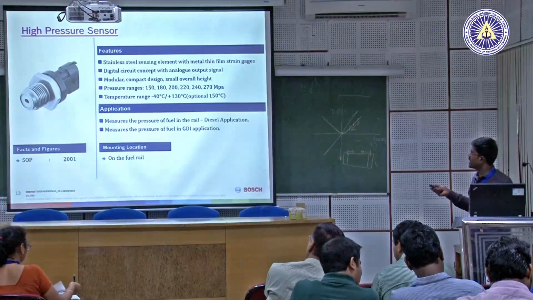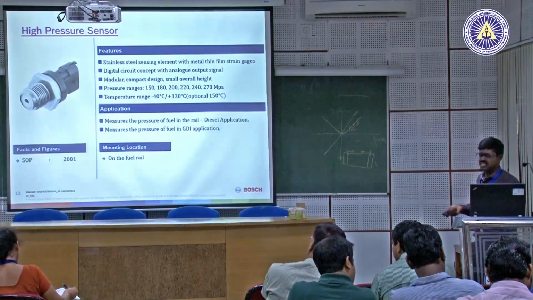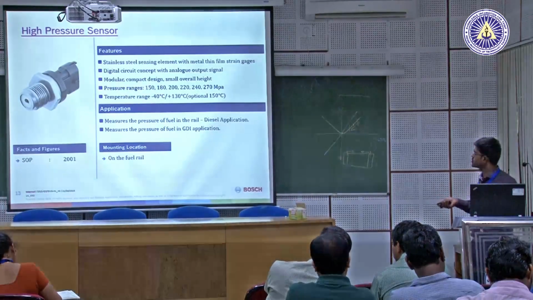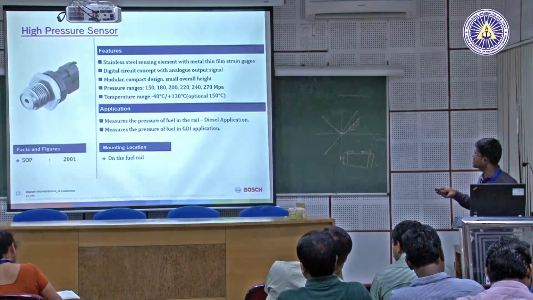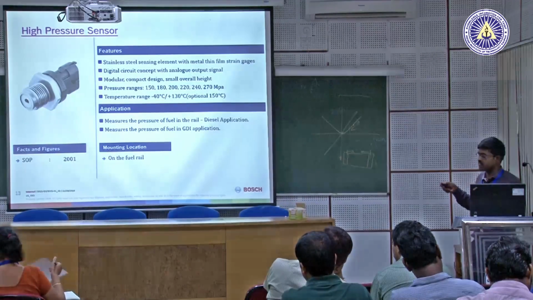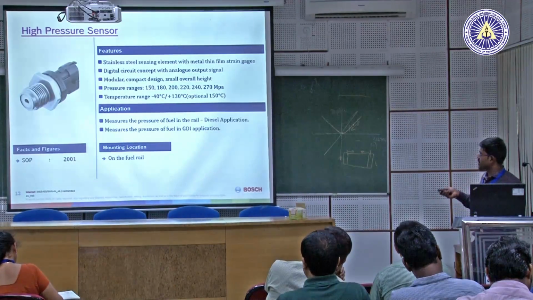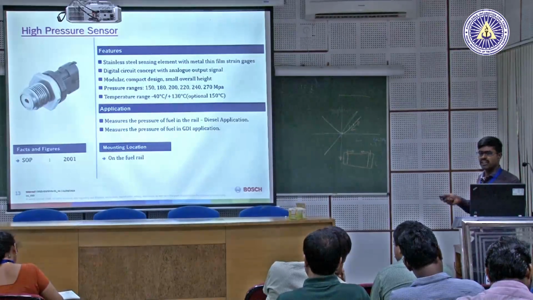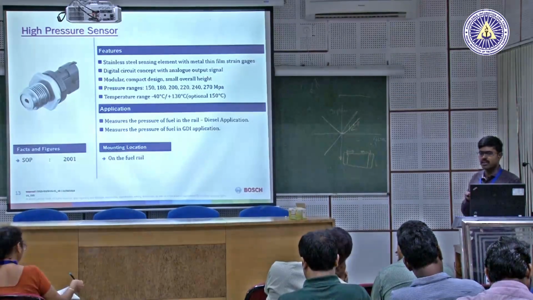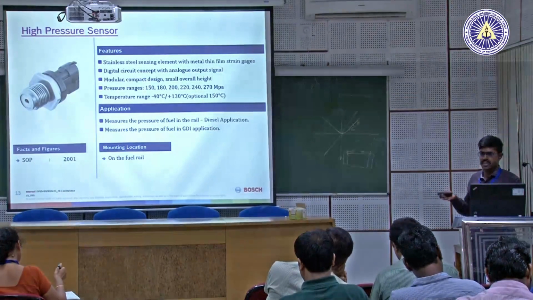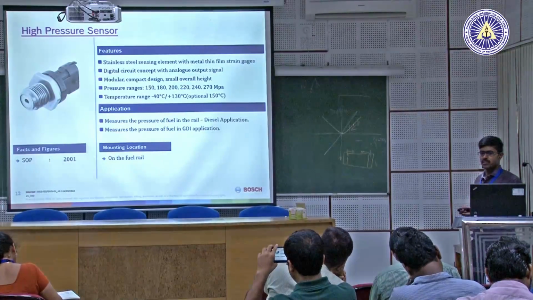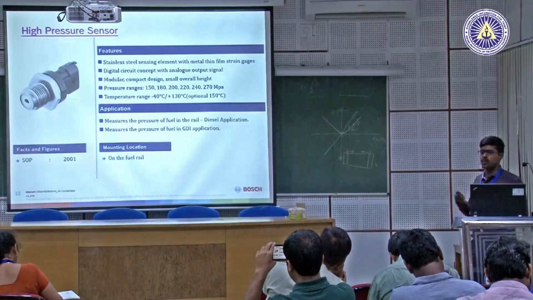Then for the high pressure sensor, the same principle is used here also. We have absolute and also relative pressure sensors. For absolute we are talking about vacuum, for relative we are talking about atmospheric pressure. The reference will be atmospheric pressure and your incoming pressure will be the output pressure.